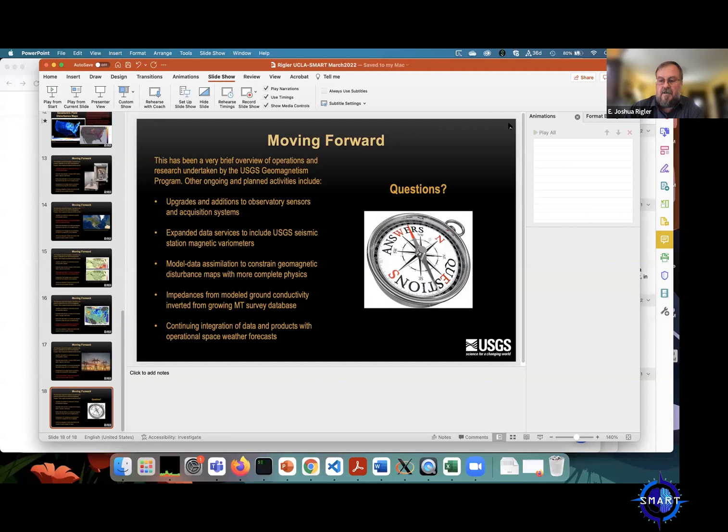GPS signals from GPS satellites can be impacted, and new technology like dual frequency GPS can help mitigate that. But sometimes the technology itself is not enough, and we really need to do a good job of predicting, either in time, so forecasting, or in space, interpolation or modeling, to help mitigate these issues. Hopefully that clarifies.